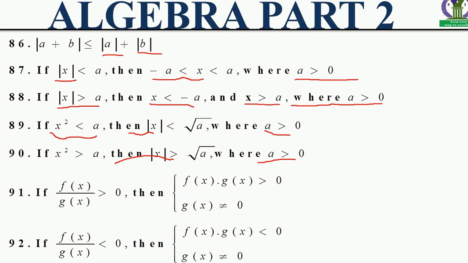Similarly, if f(x) upon g(x) is greater than 0, then f(x) g(x) is greater than 0, provided that g(x) is not equal to 0. Similarly, if f(x) upon g(x) is less than 0, then f(x) g(x) is less than 0, provided that g(x) is not equal to 0.